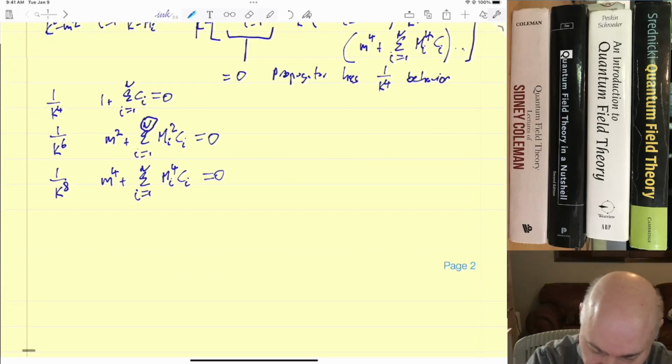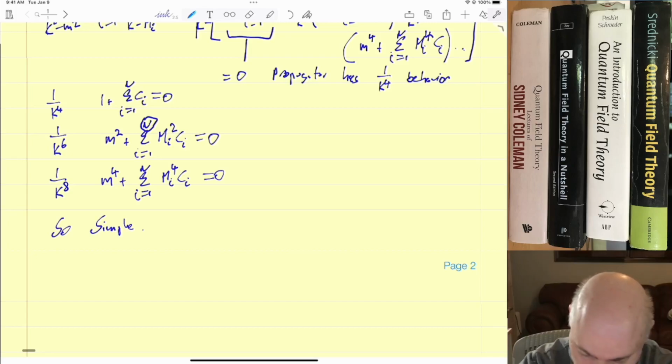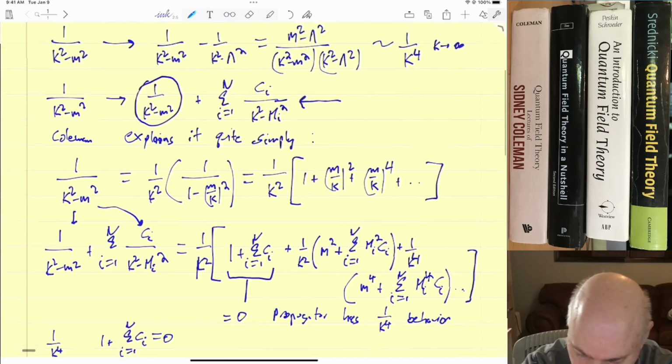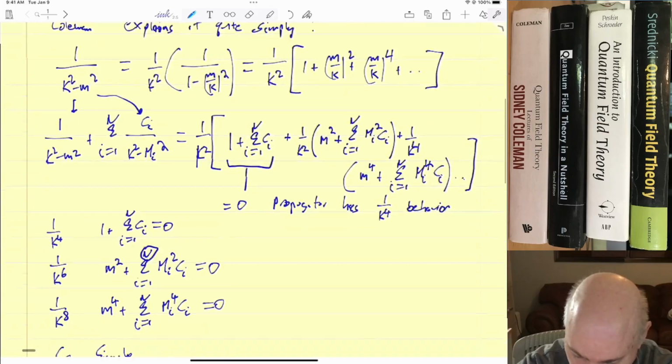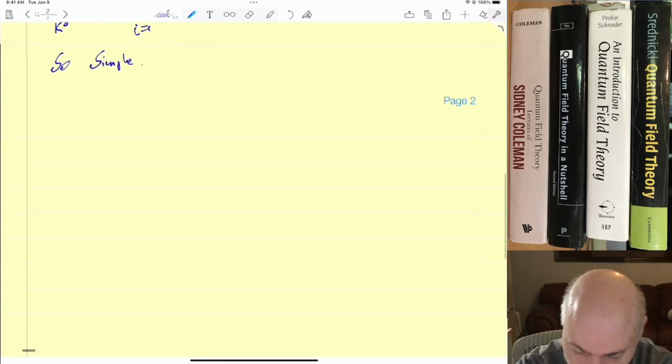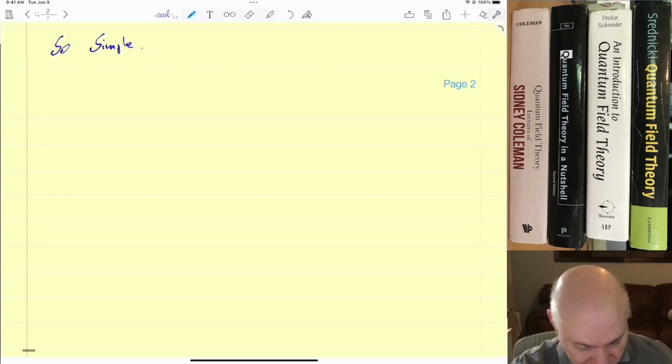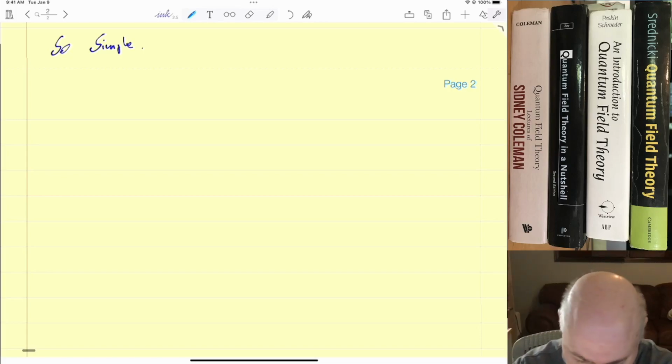It's so simple, but for some reason it just went over my head when I didn't quite understand why books would show this general formula. Okay, that's just the first example I have of things that Coleman does nicely. And now here's another also very simple thing, which probably I've seen before, but it just didn't hit me that much.